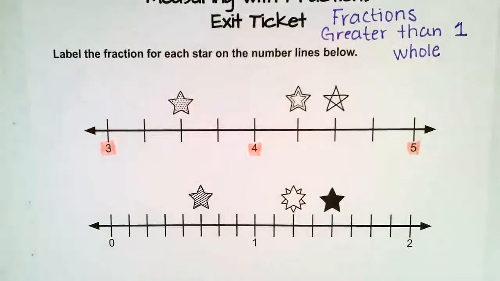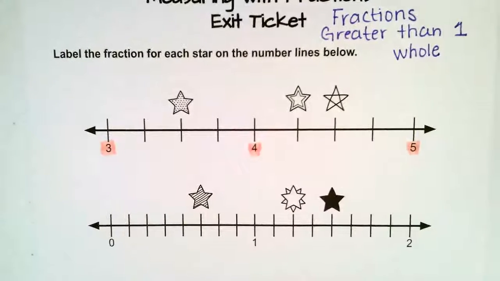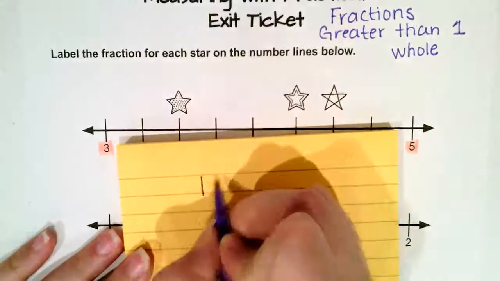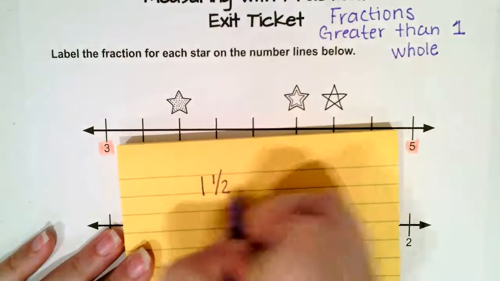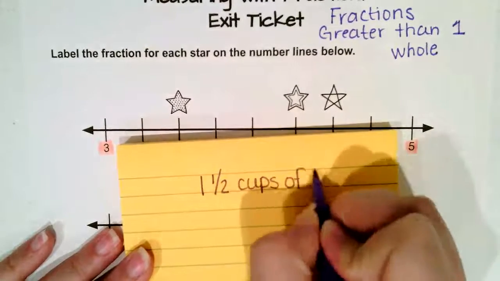So think about when your mom is making a recipe. How many of you, your mom either bakes a cake or she's following recipes to make dinner? Sometimes on the recipe card, say you're baking cookies, it may ask for 1.5 cups of flour.